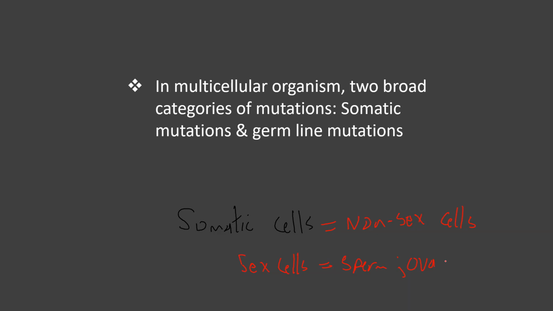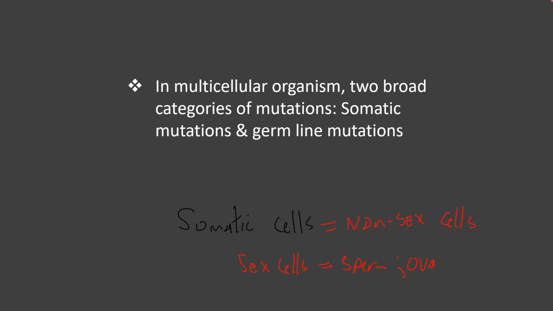It's pointless. Whereas if it occurs in your sex cells, even if you do not have the mutation yourself, you can fly. It means you can pass on the ability to fly to your children, and they can pass on the ability to fly to their children, and all of a sudden, your species begins to evolve. Okay?